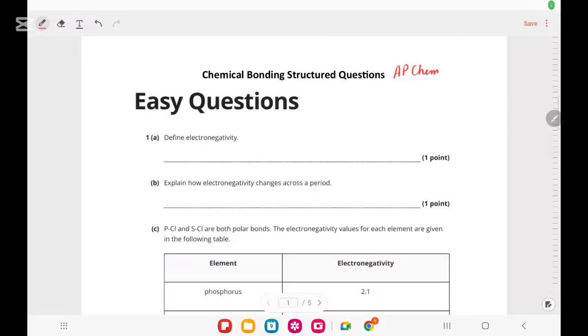So in this video, we are going to attempt the structured questions that are related to chemical bonding. First of all, define electronegativity. What is electronegativity?